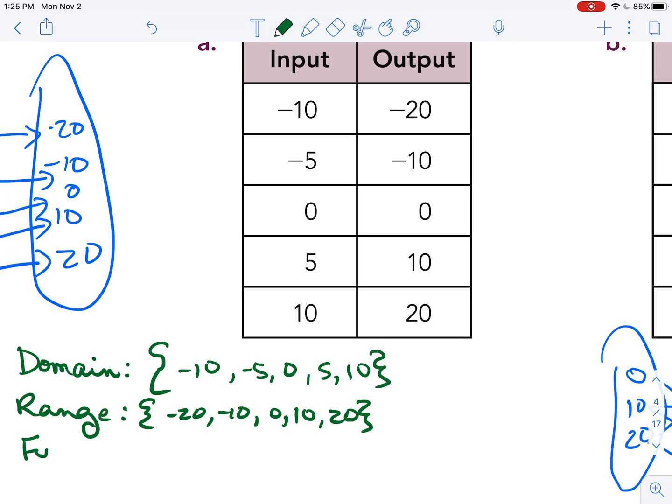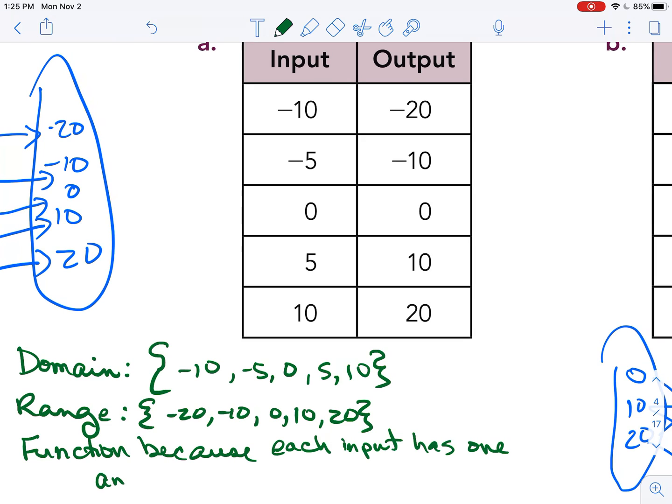Okay, it is a function, because each input has one and only one output.